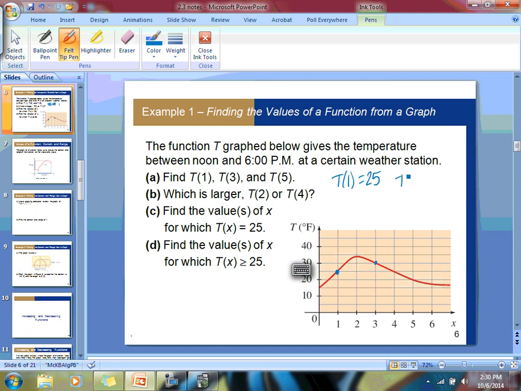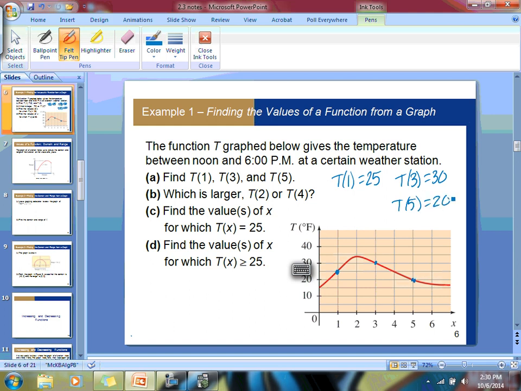So T of 3 is 30. And then T of 5, go over here and go up. That's right at about 20. So T of 5 is 20.